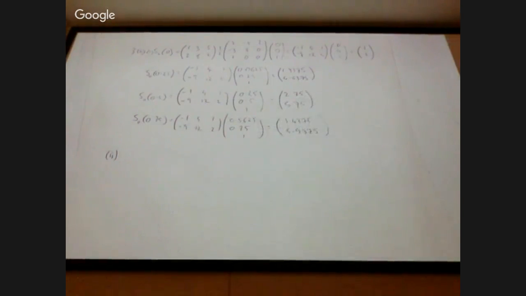Okay, so that's for t equal to 0, 0.25, 0.5, and 0.75.